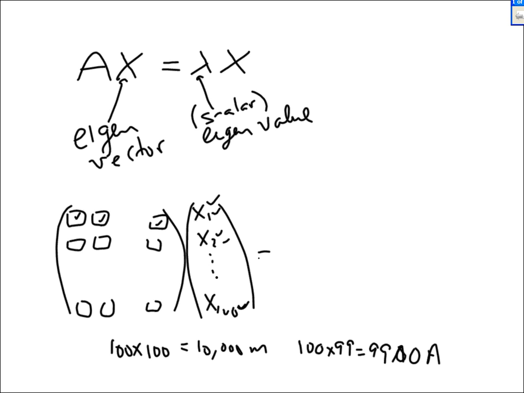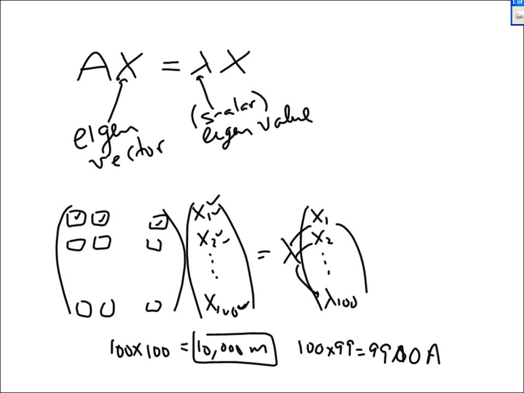Or you could take lambda, figure out what lambda is, to get the same answer that we got on the left. This only involves one multiplication, second multiplication, 100 multiplications, no additions. 10,000 versus 100. 100 multiplications and 0 additions.